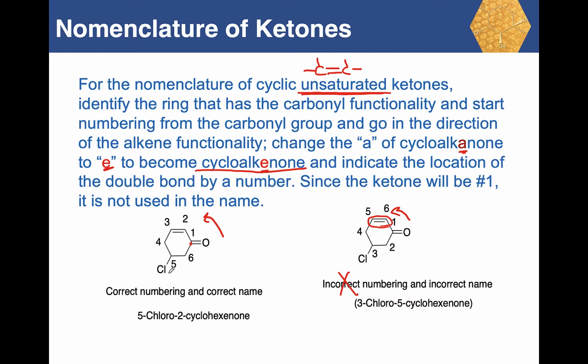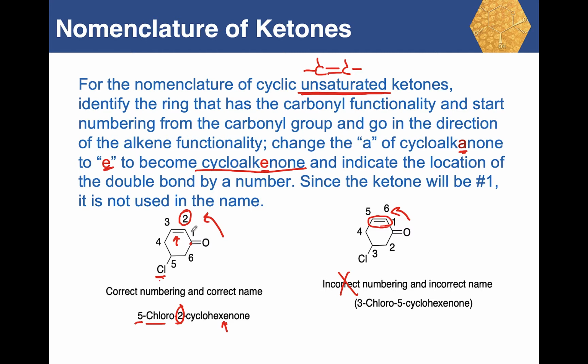So this becomes a 5-chloro. Here's the 5 and the chloro. And here we have 2-hexene. Here's the E for the double bond. It's on carbon number 2, and here's that 2. So again, systematic way. That's why it's called the systematic nomenclature of organic molecules.